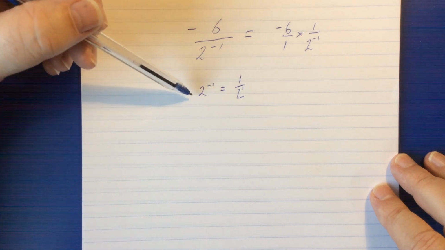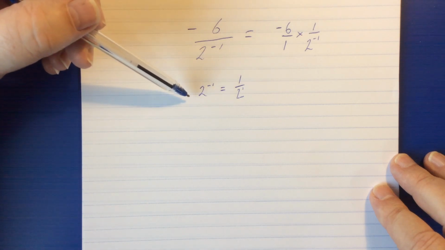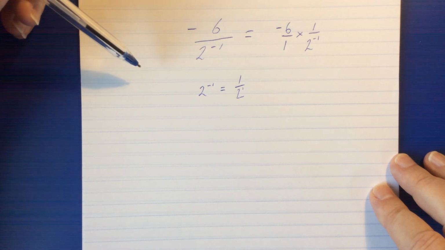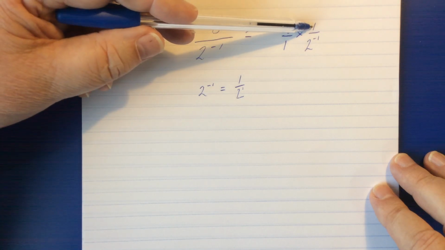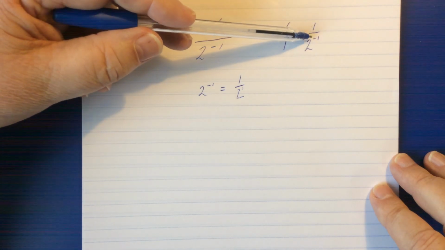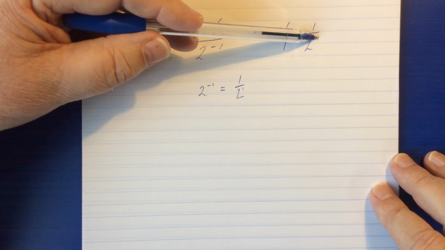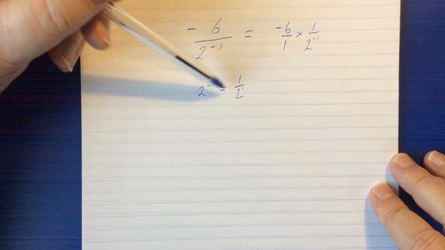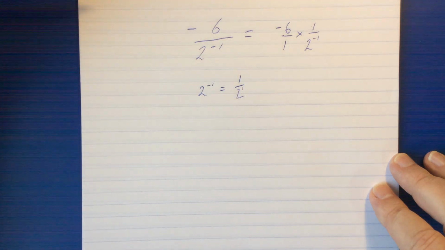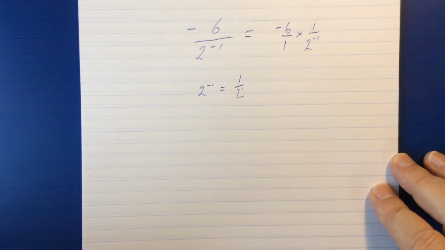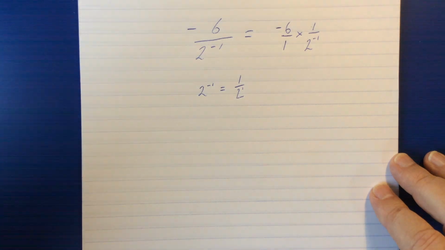Check out the video on negative index laws if this is a problem for you. So what we have is 1 over 2 to the power of negative 1, and we know that 2 to the power of negative 1 is 1 over 2 to the power of 1. So there are a couple of ways in which we can deal with this.